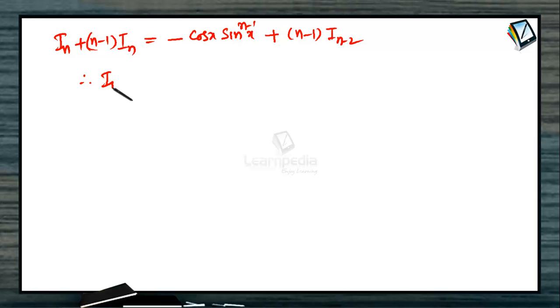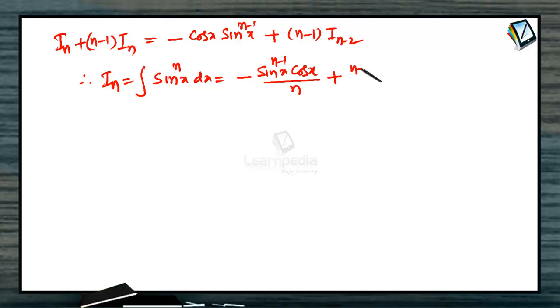Therefore the integral I_n, that is the integral of sin^n x dx, is given by: here 1 gets cancelled, n goes to that side, therefore minus sin^(n-1)x into cos x by n plus (n-1) by n times I_(n-2).